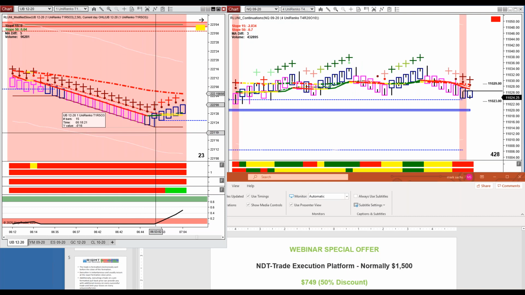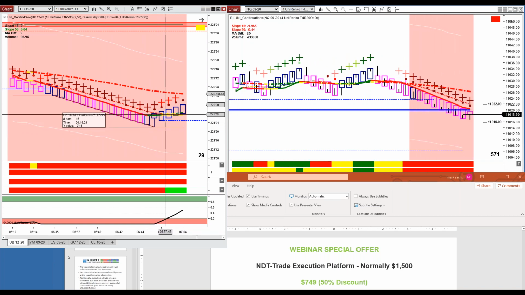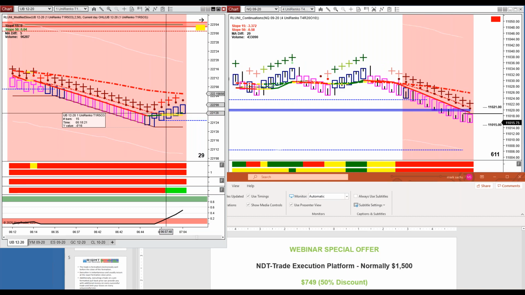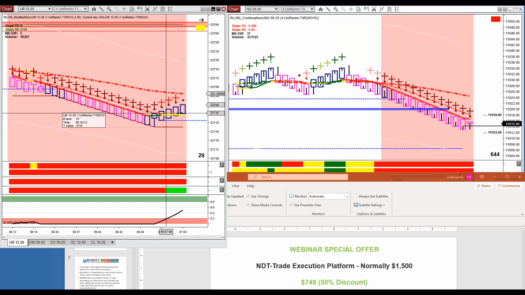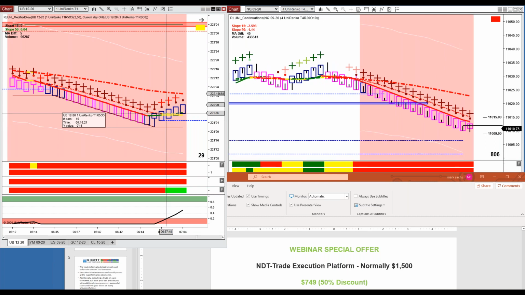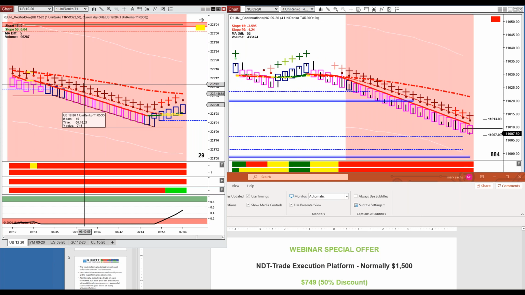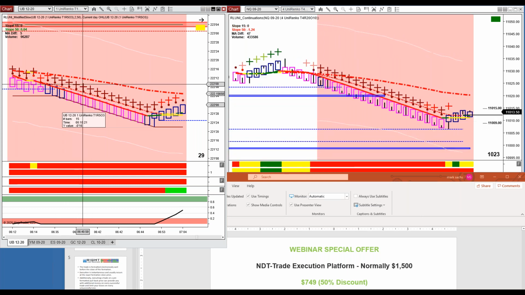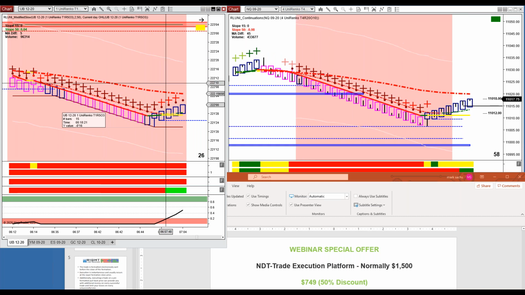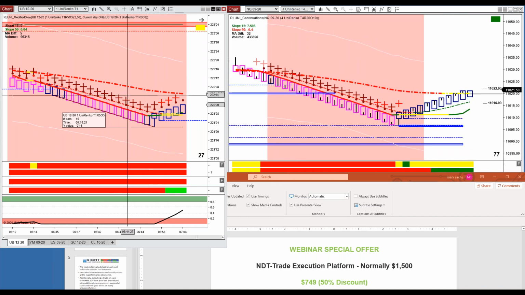That's 16 ticks. You take it out on the color change, you give back about 3 ticks. That's 13 ticks at $31.25 a tick. So if you take 2 contracts out at 4, which is what we do, that's 8 ticks times 3. That's $240 on your first target, locked in. You run the rest of the way. You have a $600 or $700 trade. I really like this instrument.